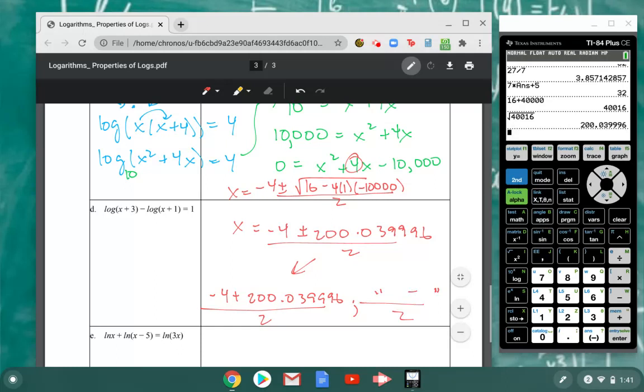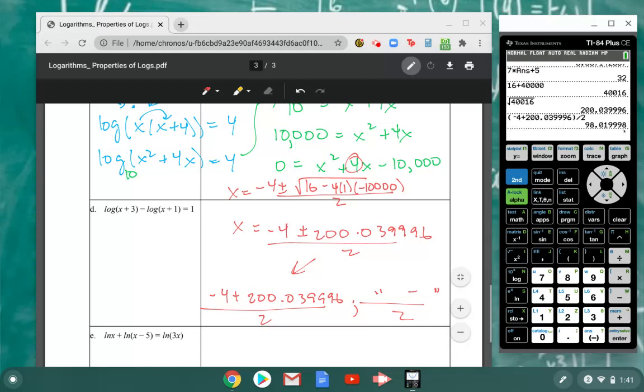Let's go ahead and put that into the calculator. So parentheses, negative 4, use the little negative next to the enter, negative 4 plus, and you can just grab this answer here and then hit enter, parentheses divided by 2. So there's that one.